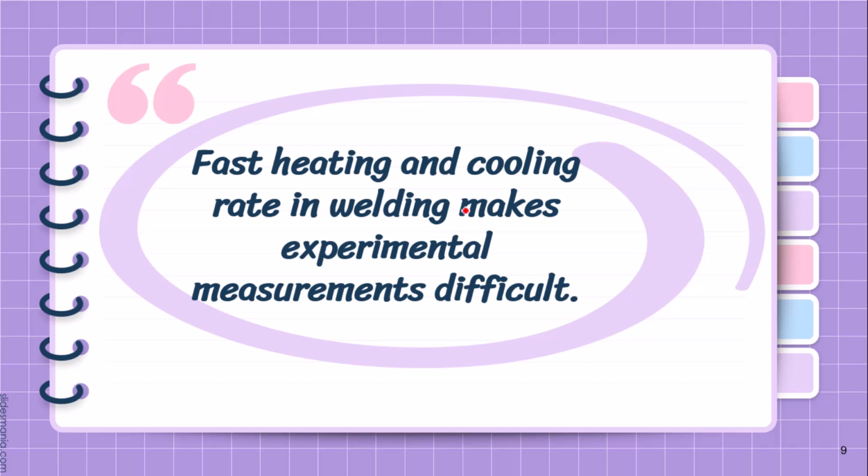The fast heating and cooling rate in welding makes experimental measurements very difficult to measure the temperature in every location, and because of that we use simulation approaches to calculate the temperature in each location.